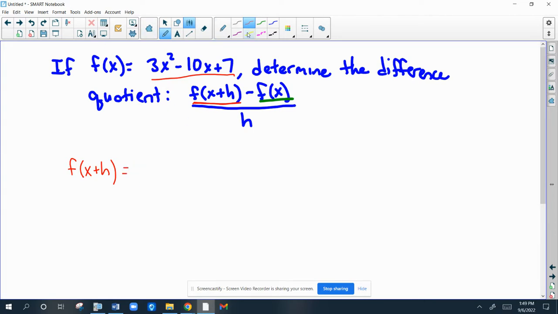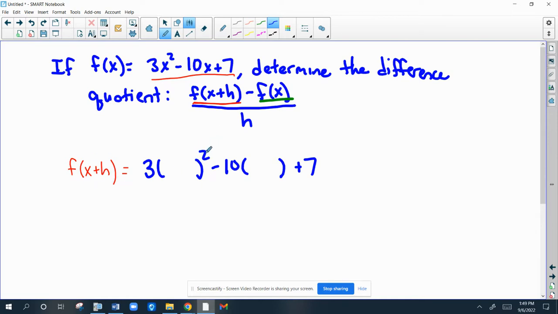The thing that doesn't change with f is you have 3 times whatever this is, x squared, minus 10 times x, but I'm going to replace the x, remember, right here, plus 7. So anywhere I saw those x's in the f, I'm going to replace with whatever is in here, which happens to be x plus h.